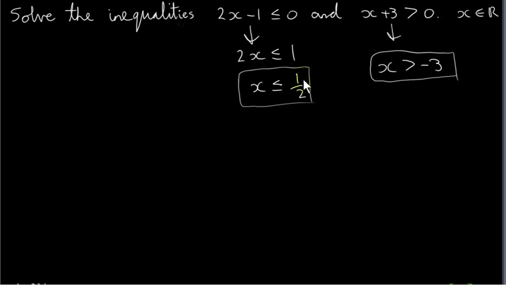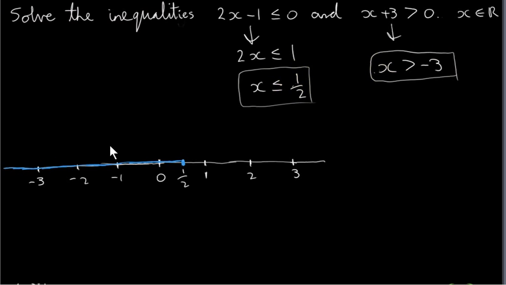Now what we want to do is get the intersection of these two regions. The region x less than or equal to a half I have indicated on the number line in blue. So a half is included, so we include this point because it's x less than or equal to a half. What about the region x greater than minus 3?